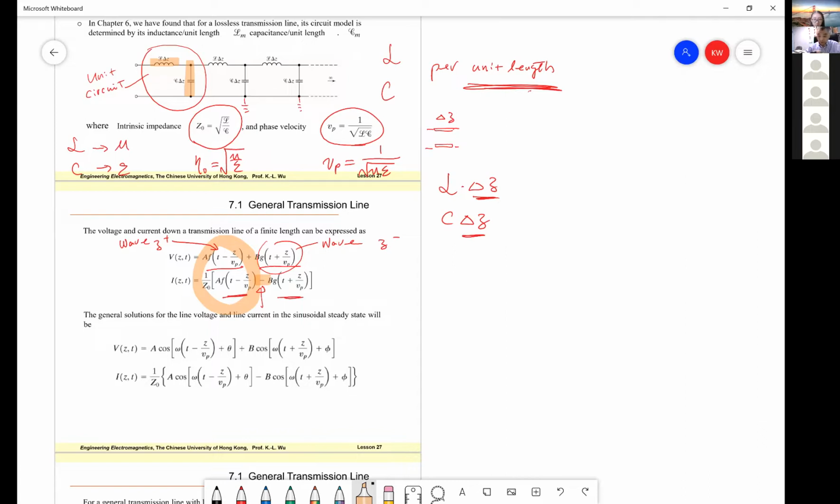Then, if we are interested in frequency domain, what that means, we can use phasor again. When we talk about phasor, then we talk about the instantaneous. So this is a pair.